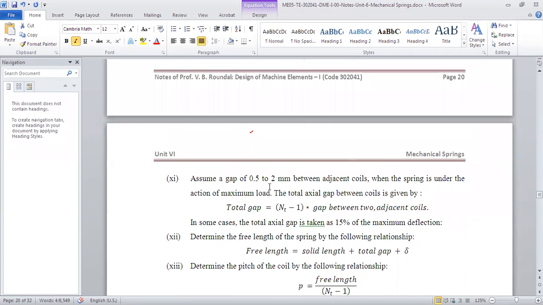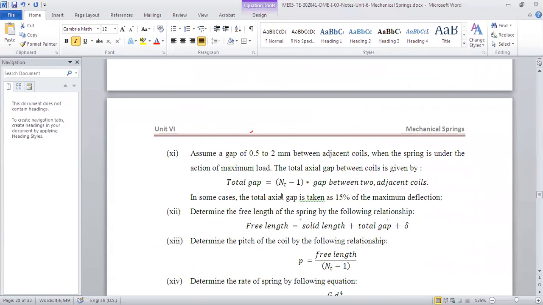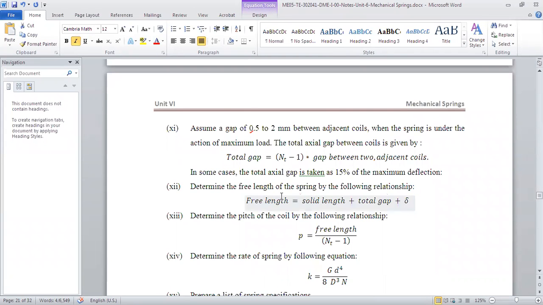Between each coil, we have seen that there must be some gap, because we do not want them to touch each other. That gap is anywhere between 0.5 and 2. The total gap in the spring will be NT minus 1, because the top and bottom coils are excluded, into the gap between two adjacent coils.